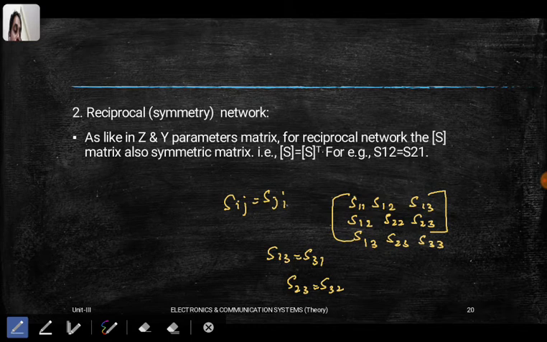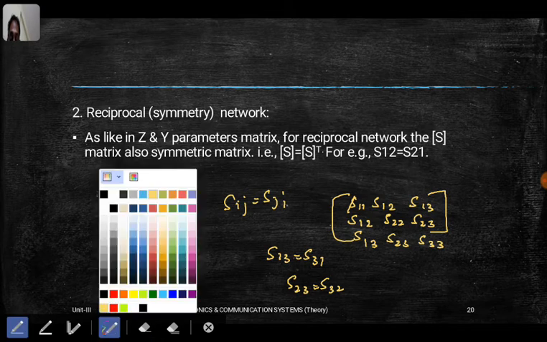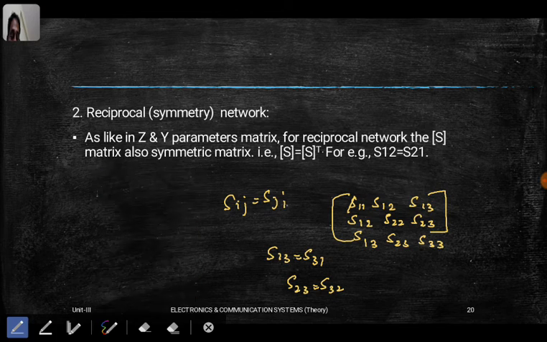If you look at the S matrix, take the diagonal as a reference. Maybe I'll choose another color. With respect to the diagonal, if you take the top elements S12, S13 and S23, and look at the bottom elements, it is just a mirror.